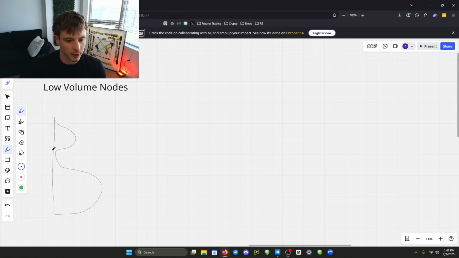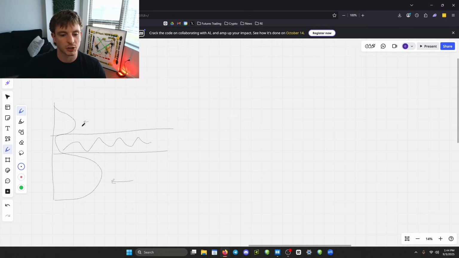So this right here is going to be a low volume node. Obviously, the name speaks for itself. It is an area on the profile where very little business was conducted, where there were not many transactions compared to down here or up here. So this is going to serve as a location of interest to us as scalpers.